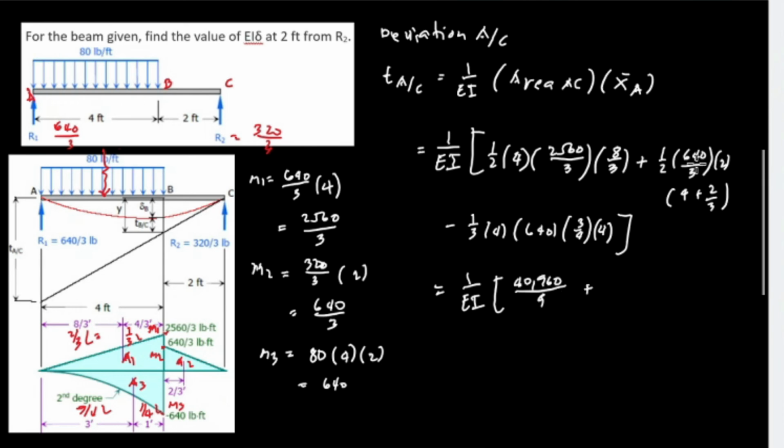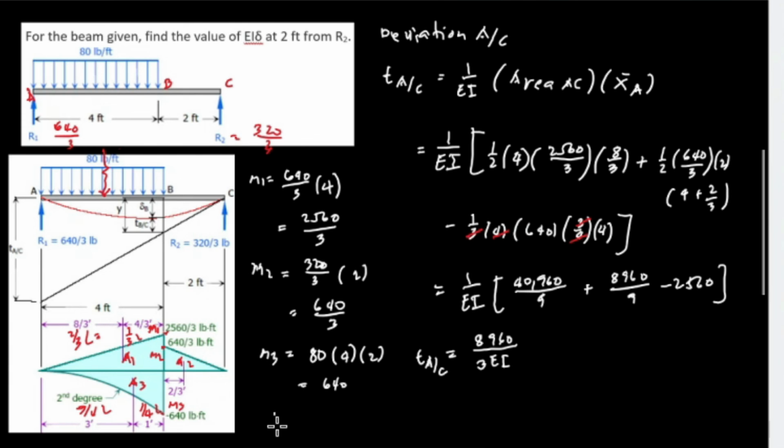Next, plus 1/2 times 640 over 3 times 2 times 4 plus 2/3, that's 14 over 3, so 14 times 2 times 640 divided by 2, that's 8,960 all over 9 minus 2,560, and close parenthesis. That's 8,960 all over 3 EI, and that's the deviation from A to C.